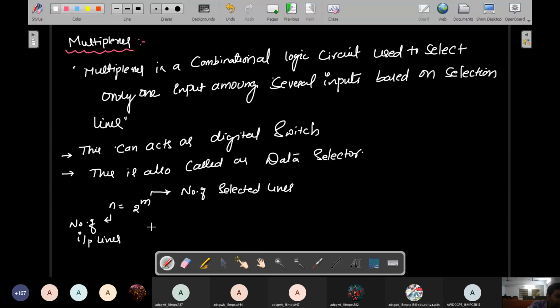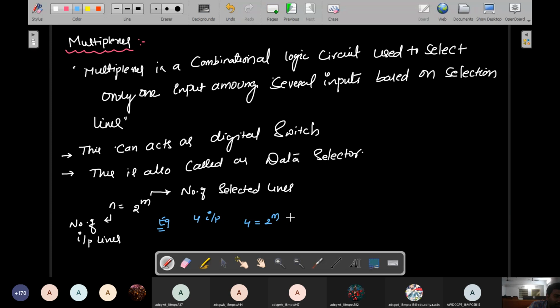From this equation, for example, if you consider 4 inputs, your equation is 4 is equal to 2 power m.